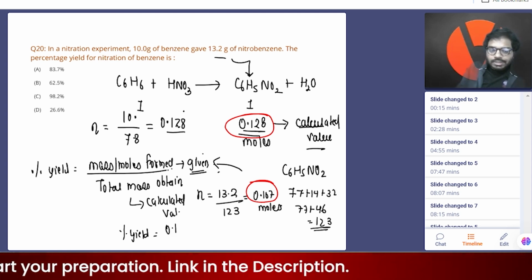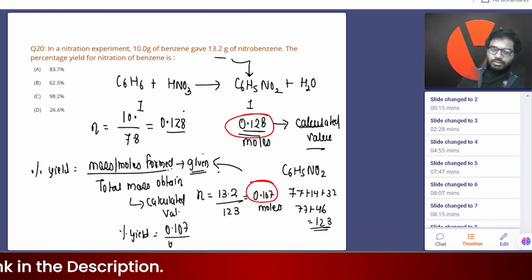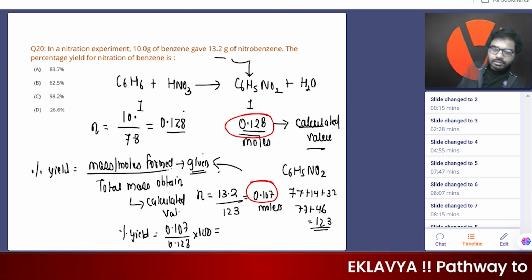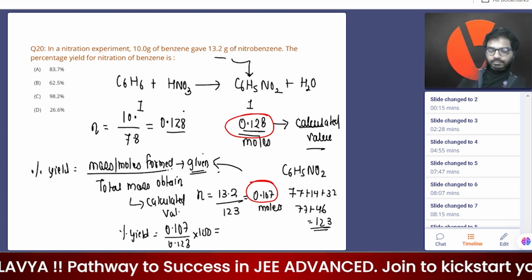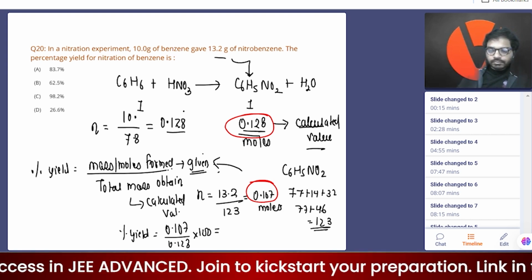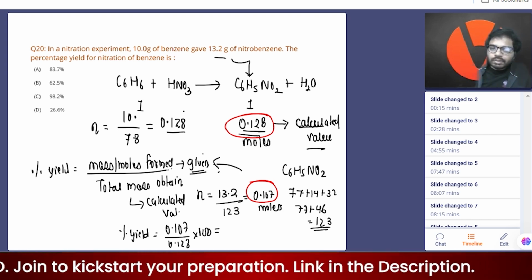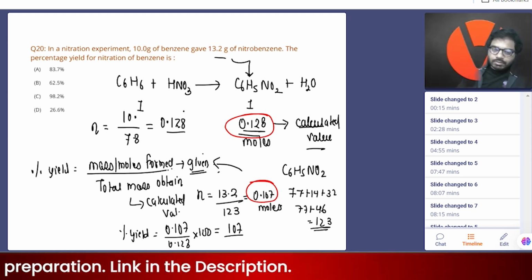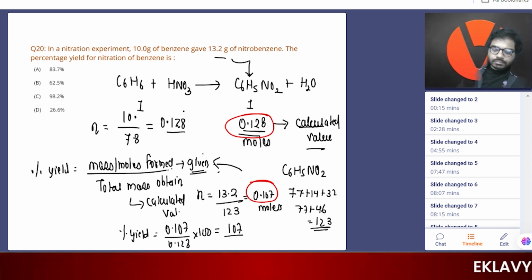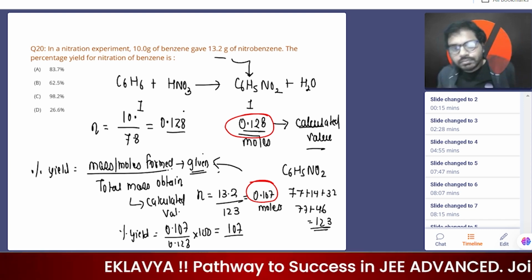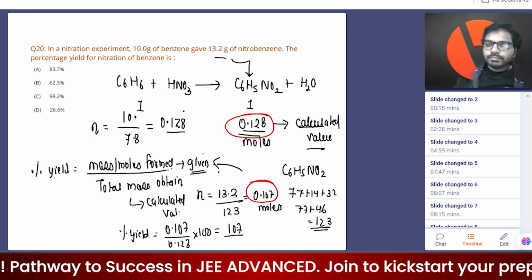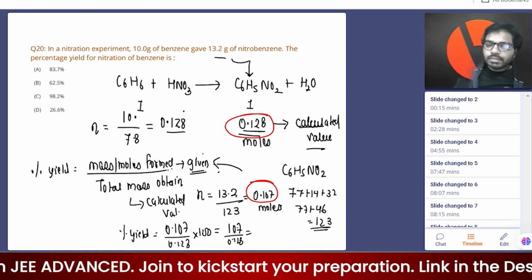The percent yield just becomes 0.107 upon 0.128 into 100. So on solving, what will we get here? Finally, on solving, we will get the value, sorry, this is 10.7 upon 0.128.